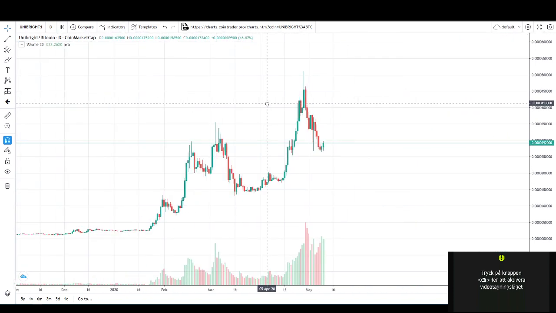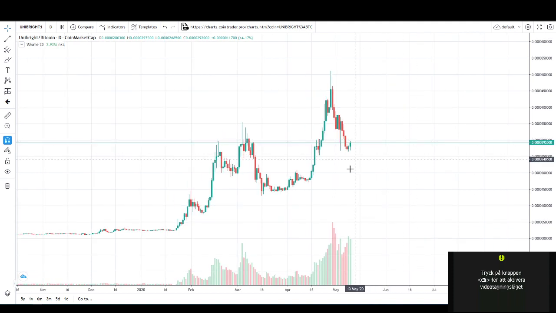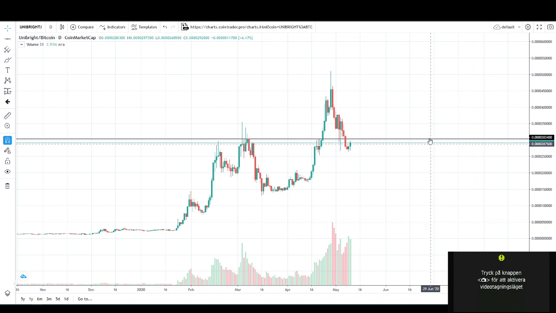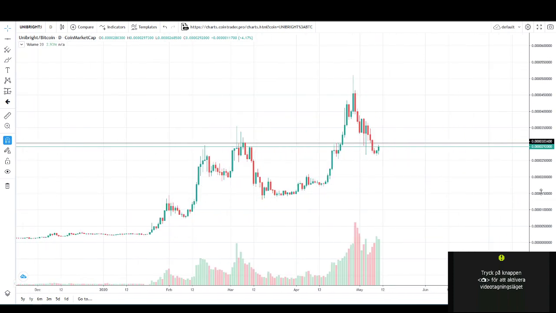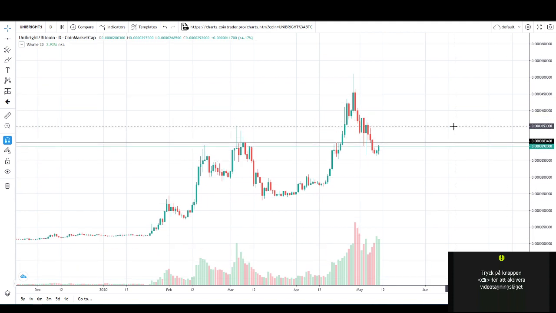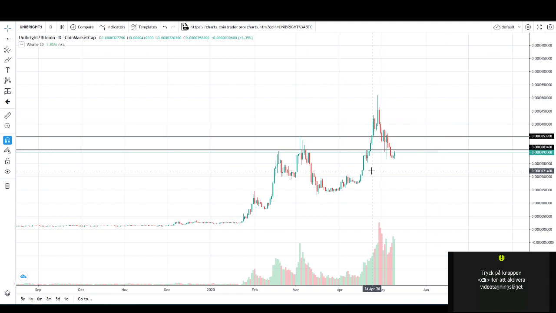All right, so this looks bearish. Not looking very strong. But if we can reclaim this area up here, if we can reclaim 33,400 sats, I would be looking for a move up into this area and possibly continue the trend upwards, right?